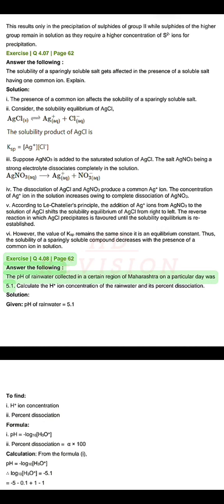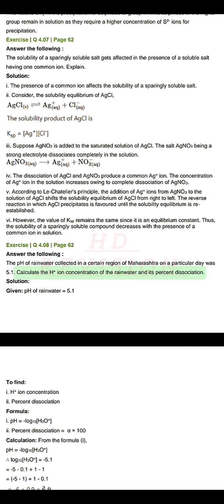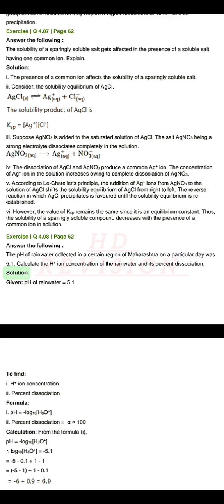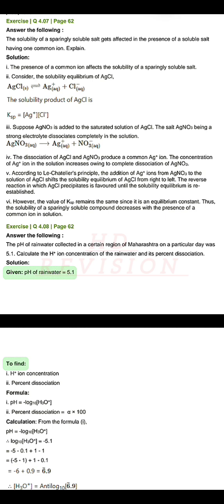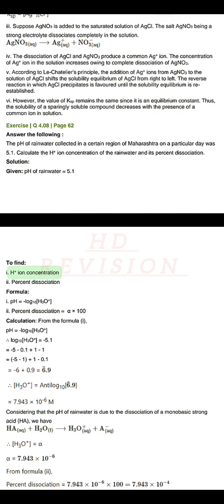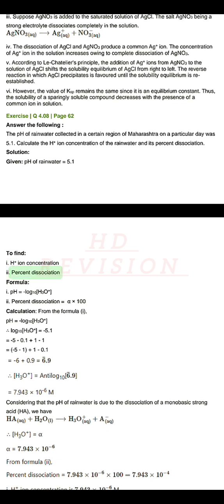Exercise Q 4.08, page 62. Answer the following. The pH of rainwater collected in a certain region of Maharashtra on a particular day was 5.1. Calculate the H+ ion concentration of the rainwater and its percent dissociation. Solution. Given pH of rainwater equals 5.1, find (i) H+ ion concentration, (ii) percent dissociation.